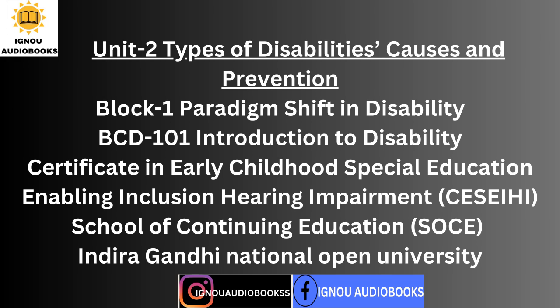The 21 disabilities as per the RPWD Act, 2016 are locomotor disability, leprosy cured, cerebral palsy, dwarfism, muscular dystrophy, acid attack, blindness, low vision, deafness, hard of hearing, speech and language disability, intellectual disability, specific learning disabilities, autism, mental illness, multiple sclerosis, Parkinson's disease, hemophilia, thalassemia, sickle cell disease, multiple disability.